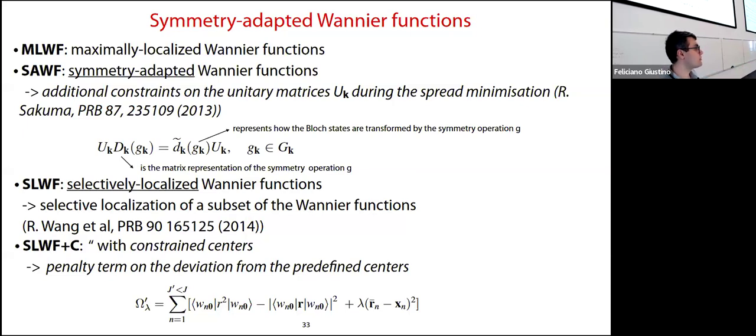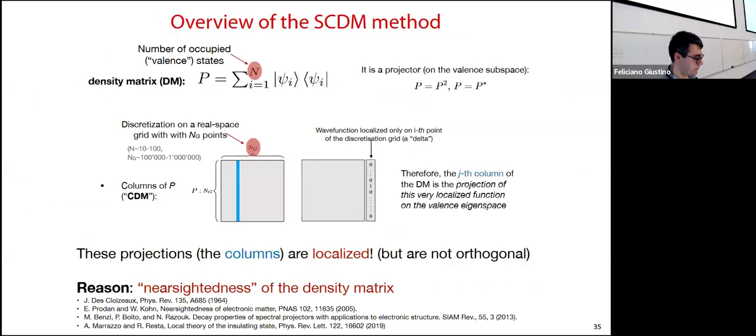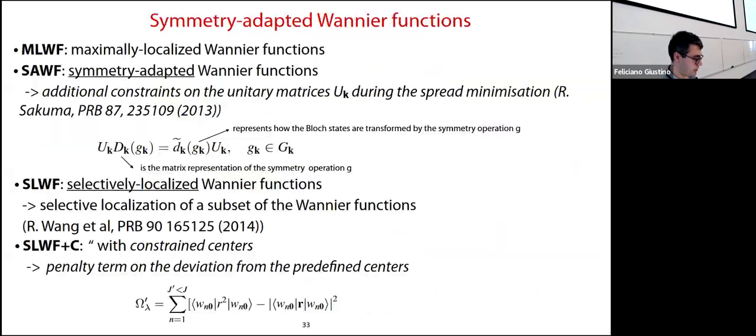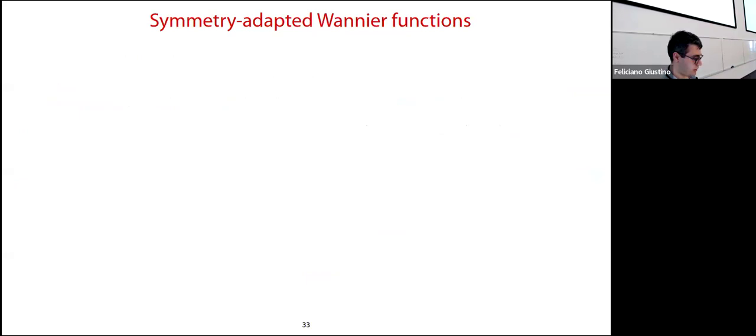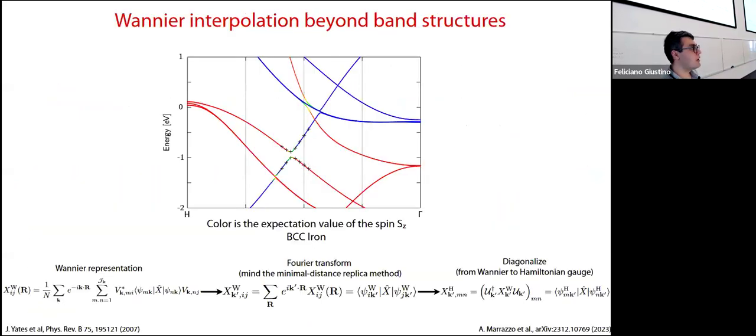You mentioned the spin example. You said it doesn't have to be the Hamiltonian. Yeah, any operator that you can localize. It has to be lattice periodic, so it has to be something that is a function of k. So H of k, F of k, S of k, like this. You can do that separately.